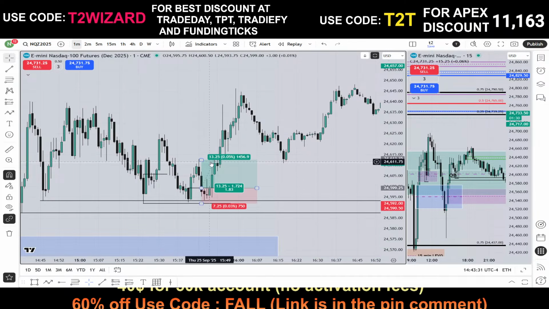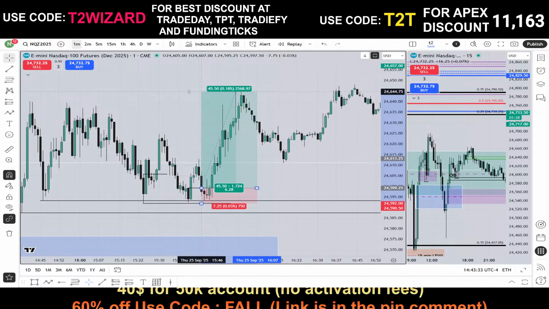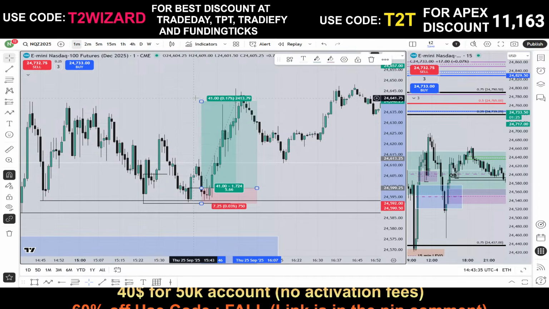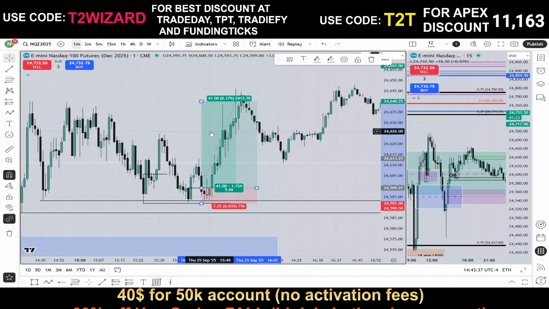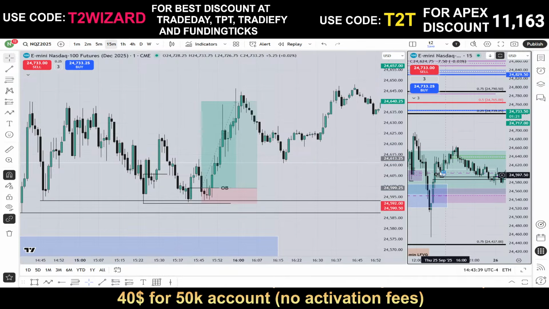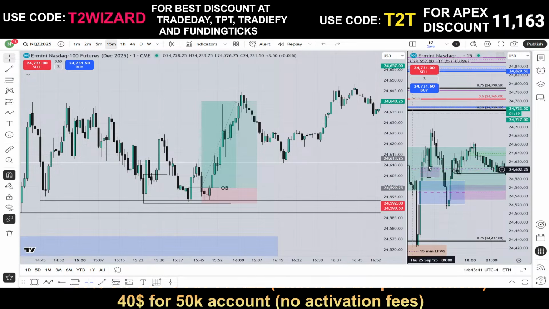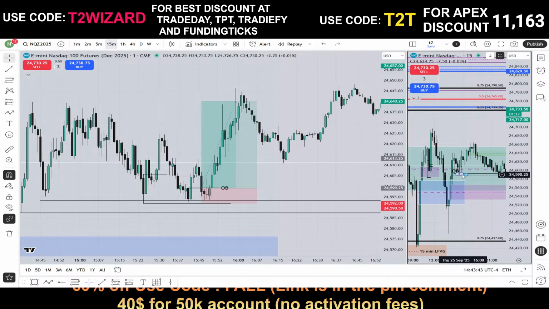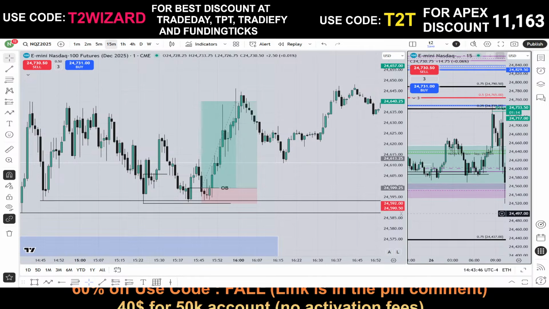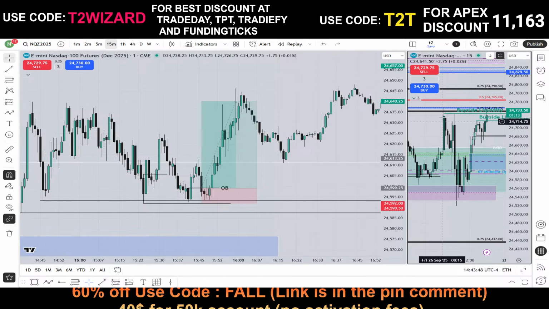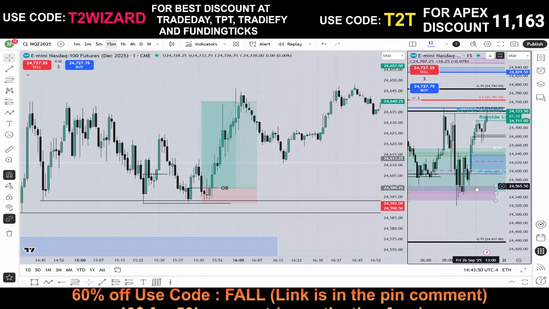Wherever your buy side liquidity is, you will go for that buy side liquidity after clearing the partial around 20 handle. Now I have shown you this gap, and now this gap. Finally, market went higher and closed this gap 100%.